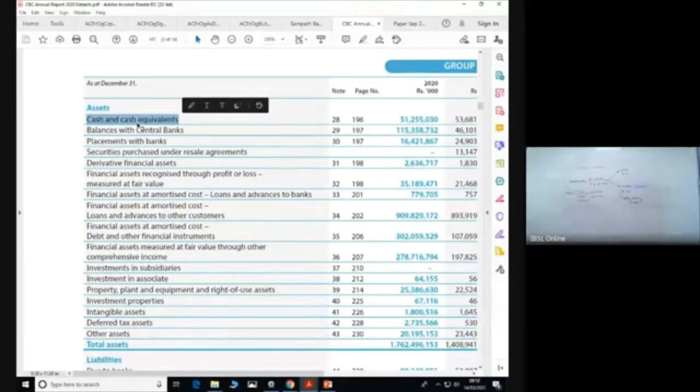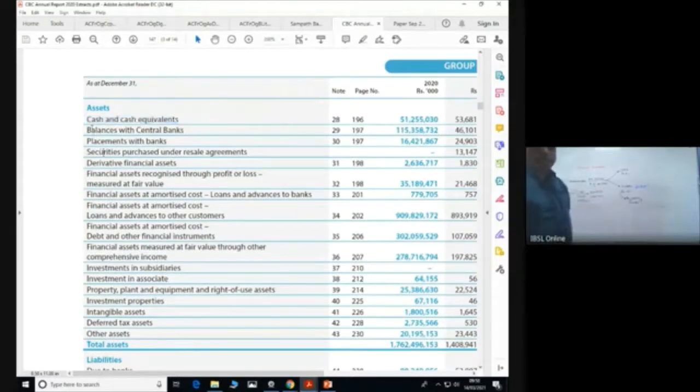But when you look at a trading company, they prepare financial statements in a different manner. They prepare it in the order of increasing liquidity. So banks and financial institutions prepare in the order of decreasing liquidity.